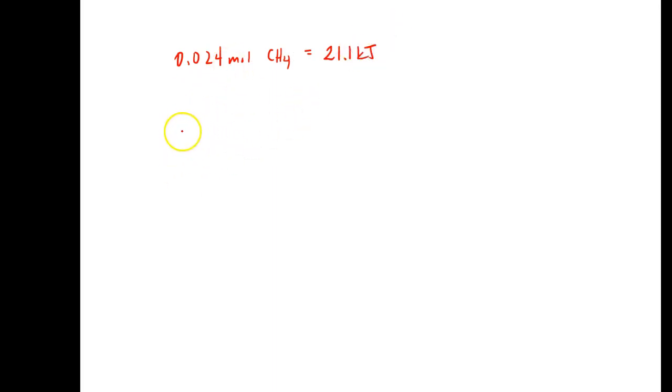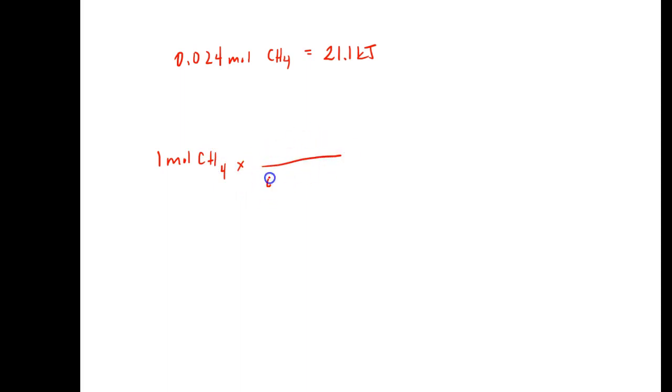So in that case, you can simply create this into a conversion factor. Remember, when things are equal to each other, you can do that. And I want to know what 1 mole releases. So 1 mole of CH4, and then we use this conversion factor.